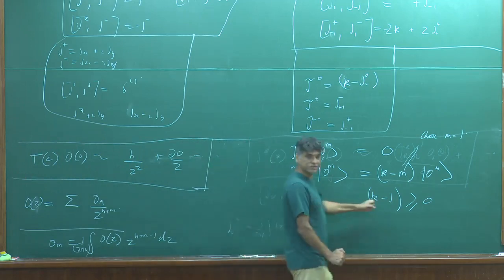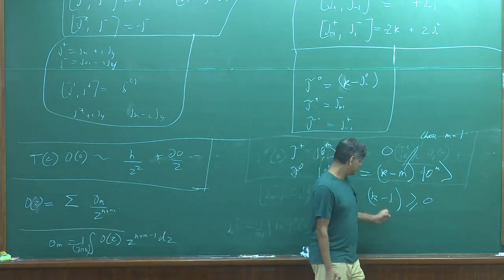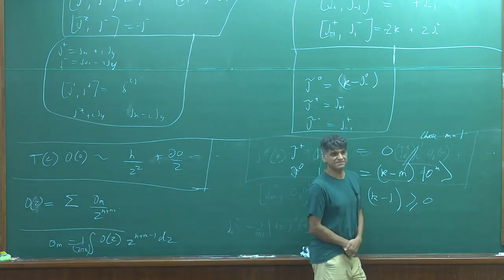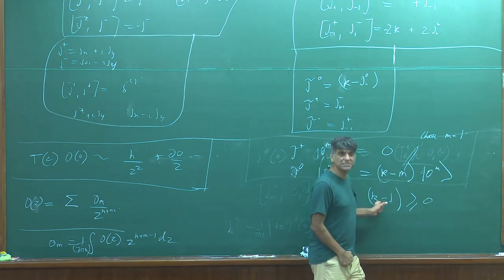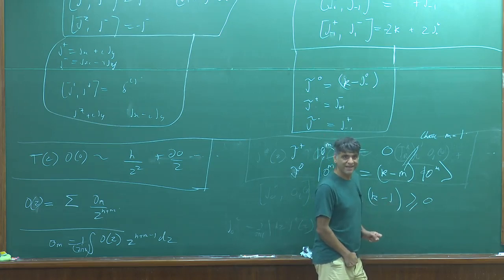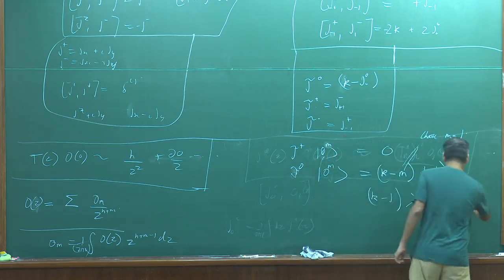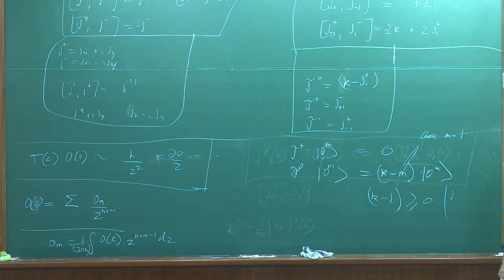This gives us two conclusions. First, that k has to be a positive half integer. We've already seen it had to be a half integer. This tells us it has to be positive, otherwise it's impossible for this to be true. And second, that j has to be less than or equal to k. Okay?